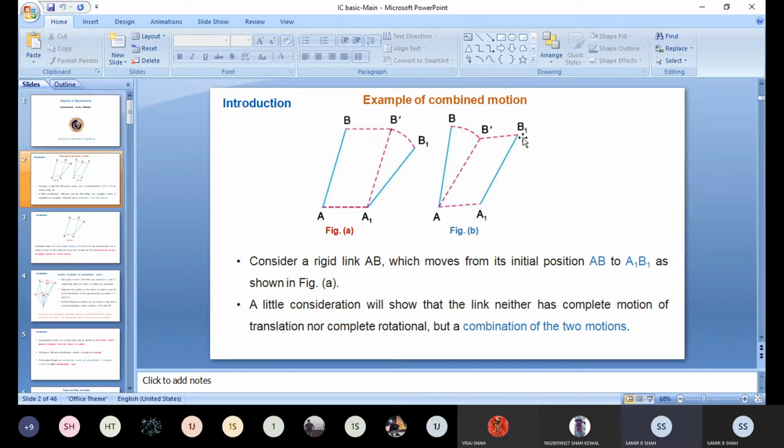Such a motion of link AB to A1 B1 is an example of a combination of rotational and translational motion. The first figure, figure A, is translation and rotation, while figure B is rotation and translation.